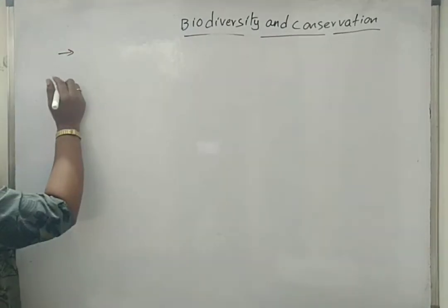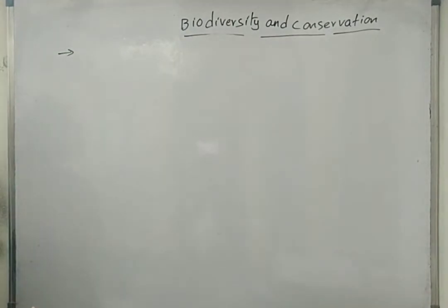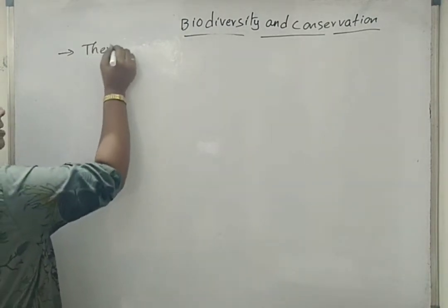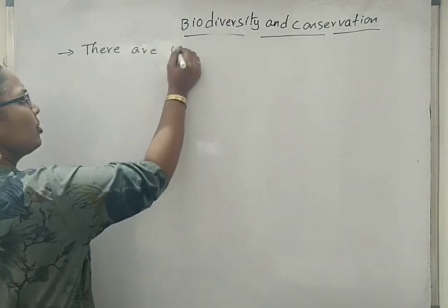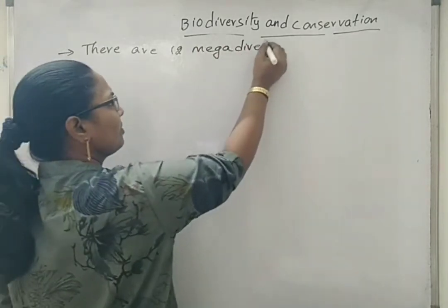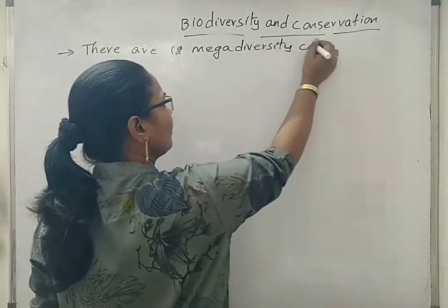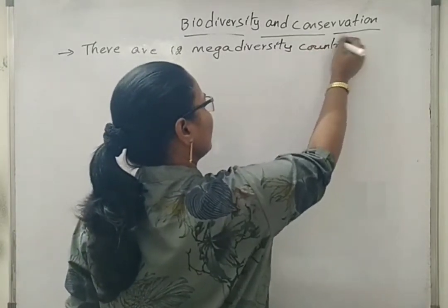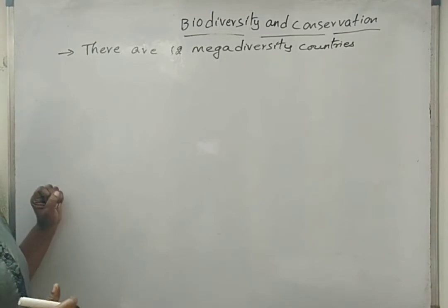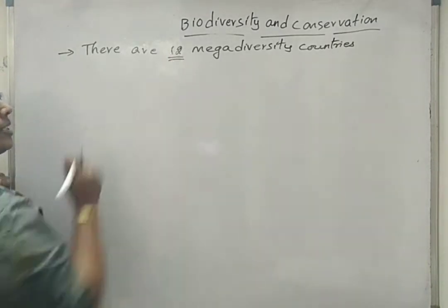It was stated that there are 12 mega diversity countries, and out of that India's position is 8th in rank. There are 12 mega diversity countries. It means that if we check in which countries there is more diversity, more diversity is seen in 12 different countries.